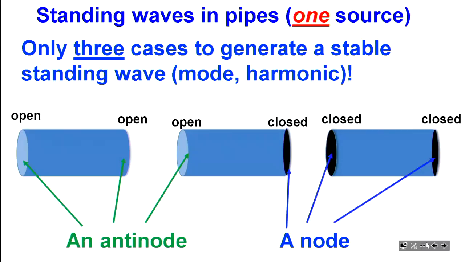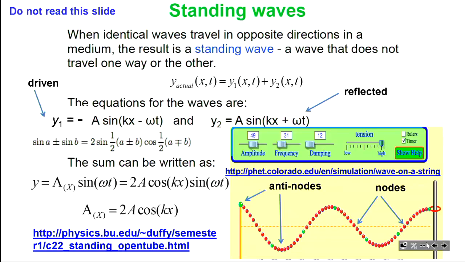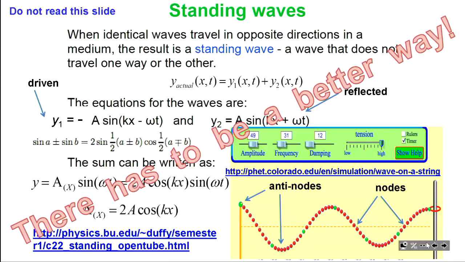If we just analyze all possible situations, there are only 3 cases possible. So what do we do? Well, first we can start from a pipe open on both ends. When the pipe is open on both ends, well, our equation should fit that condition, but there has to be a better way.